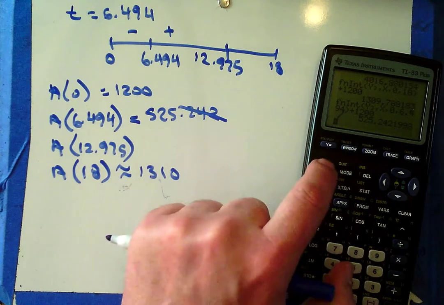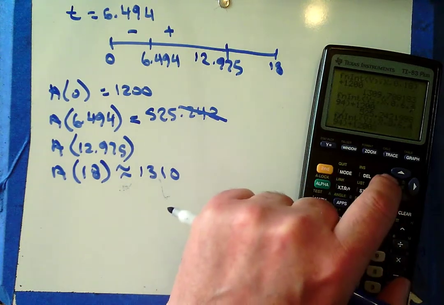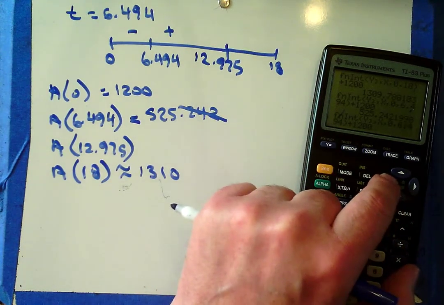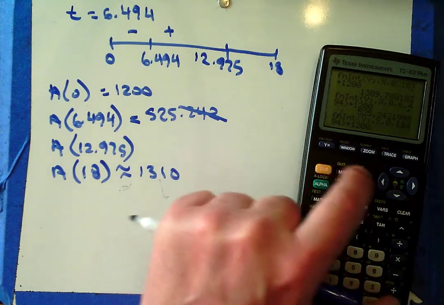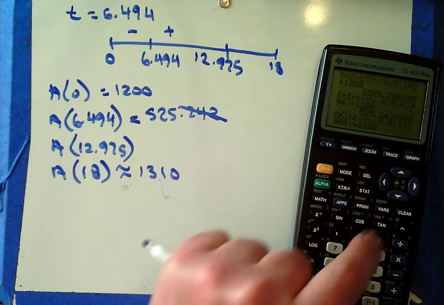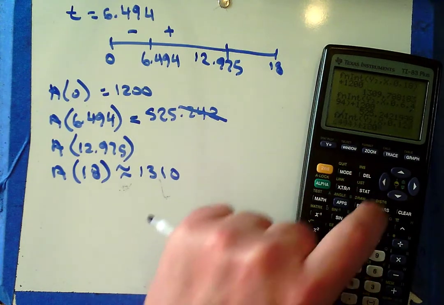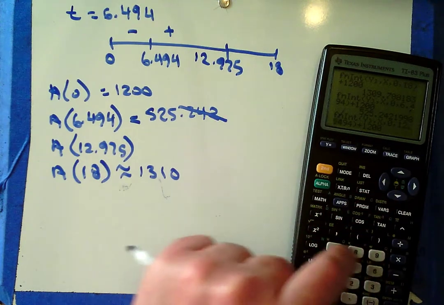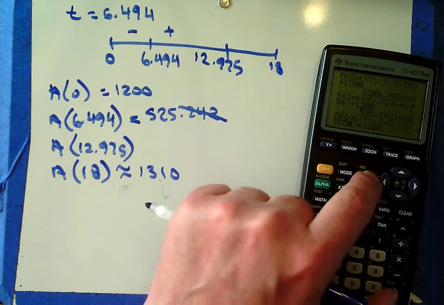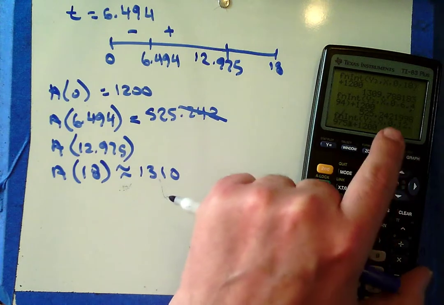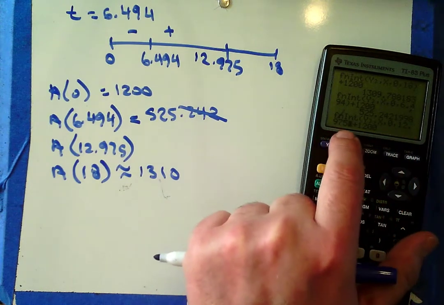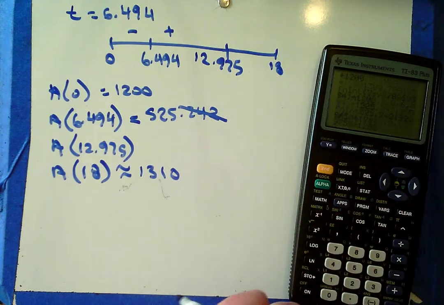And then I want to repeat this process one more time by doing second entry, 12.975, 0 to 12.975 plus the 1,200. Good.